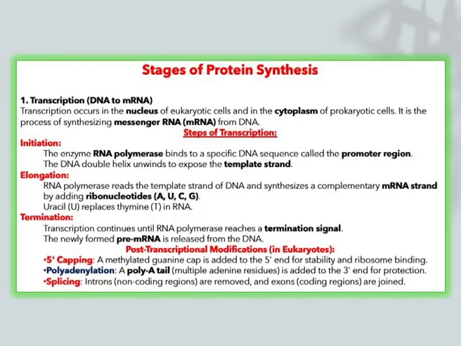The elongation process takes a lot of time. Afterwards, termination stops the process. Once the sequence of nucleotides is decided by the genetic code, the mRNA strand either enlarges or stops.